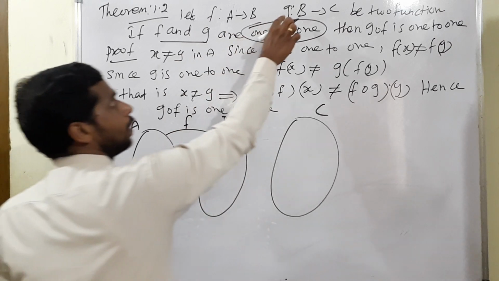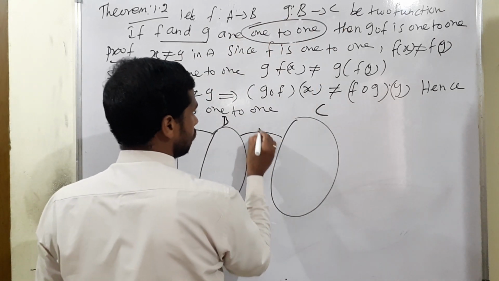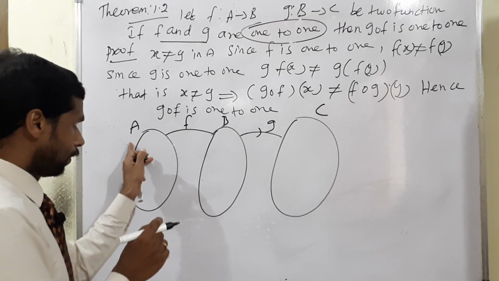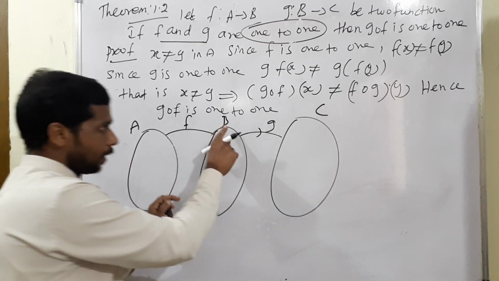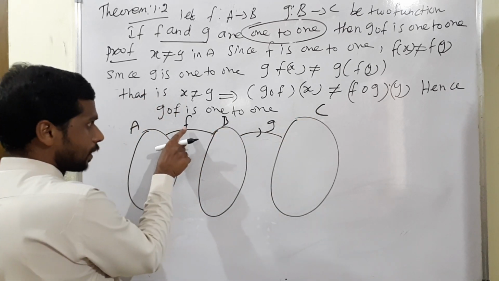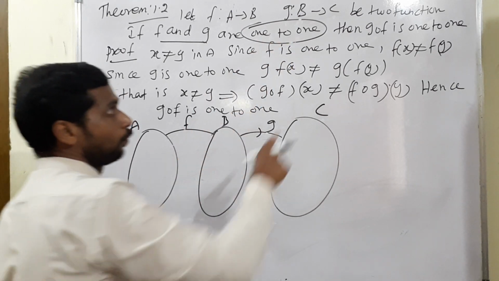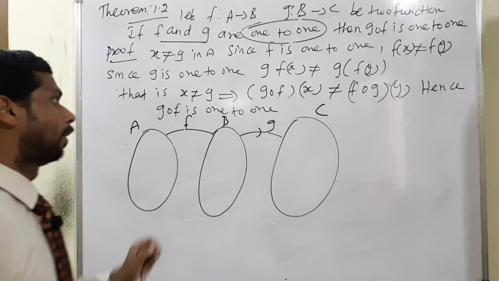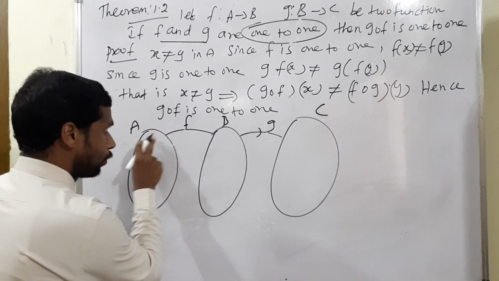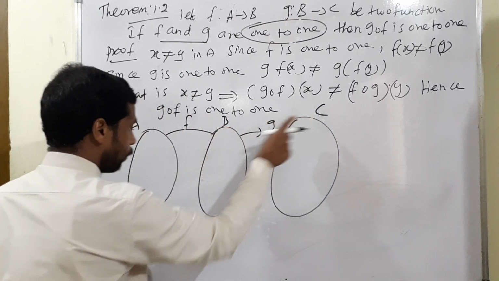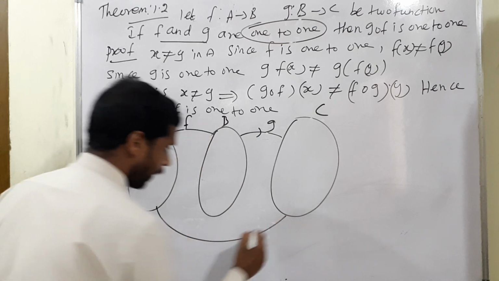At the same time B to C function is g. So now A to B related 1 to 1 function means B to C also 1 to 1. Then only we can say f and g are 1 to 1 functions. Therefore, we have to prove g dot f is 1 to 1. So we have to prove A to B is 1 to 1, and at the same time B to C is 1 to 1. This is the line we have to prove.